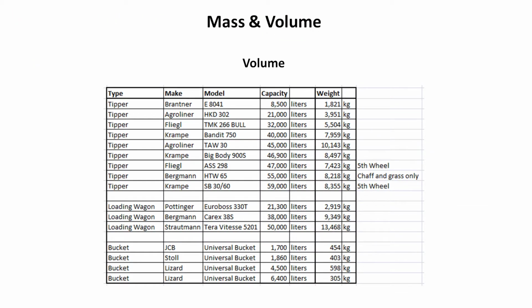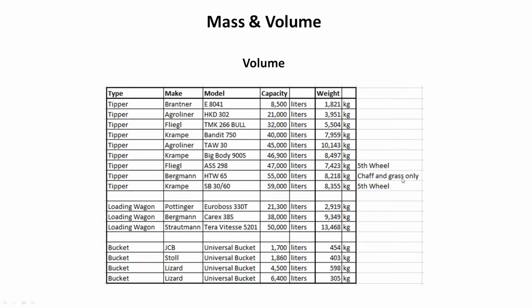So volume in the game is given to us here in the store. I've kind of tallied them all up here. So here we have the tippers, Brantner, Agroliner, Fliegel, all of them. Here are the capacities, and these are given in liters. Remember, L in the game, liters, liters, liters. This Bergmann's kind of a weird beast, chaff and grass only.